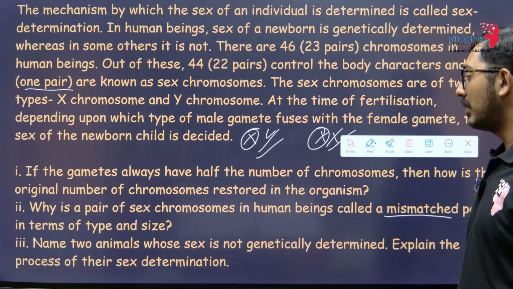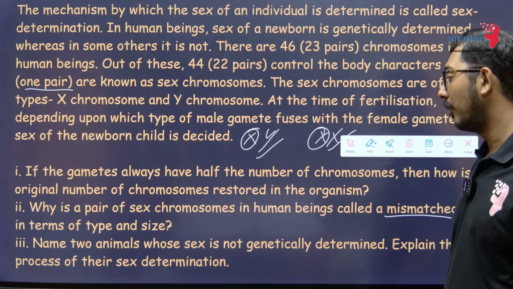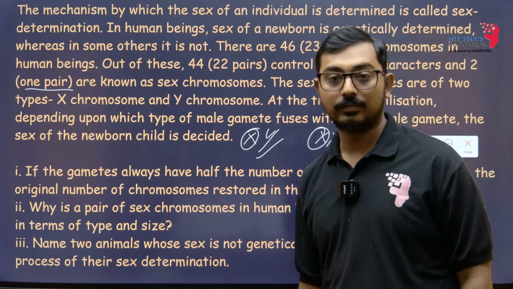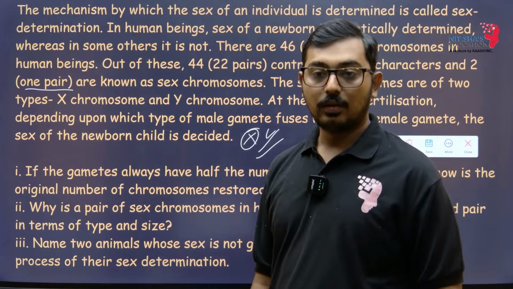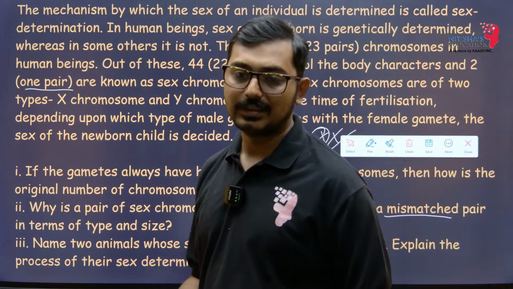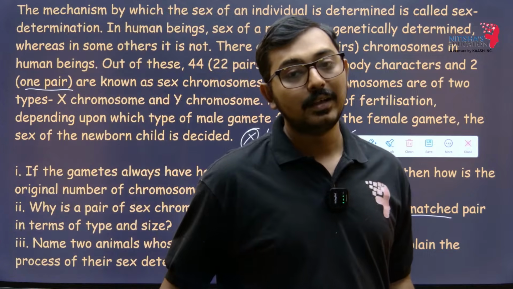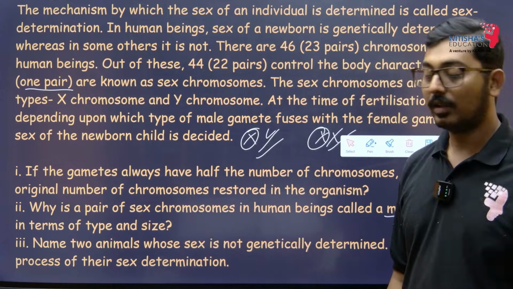Name two animals whose sex is not genetically determined. Explain the process of their sex determination. Crocodiles, alligators or turtles are the kinds of examples that you can use. Their sex is determined with the help of temperature.